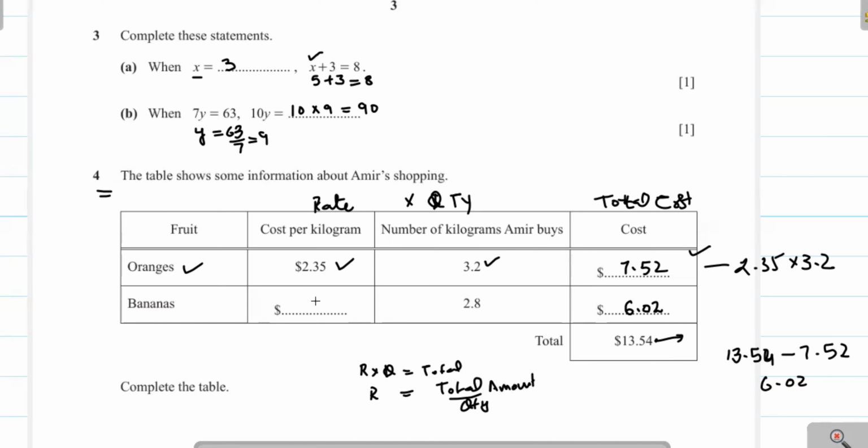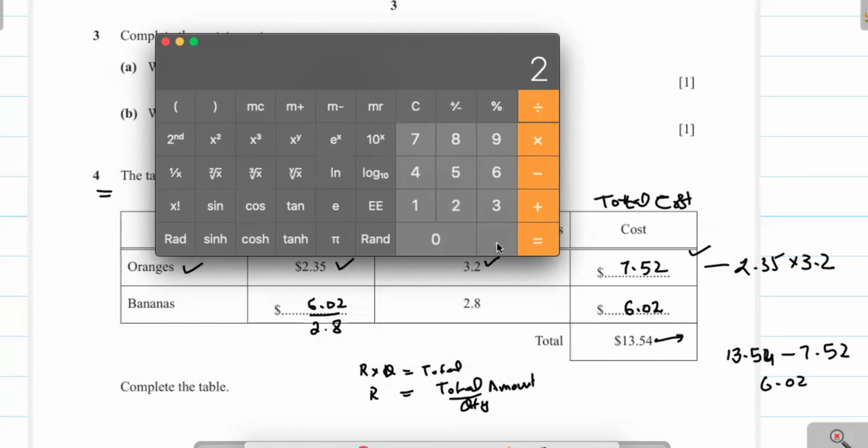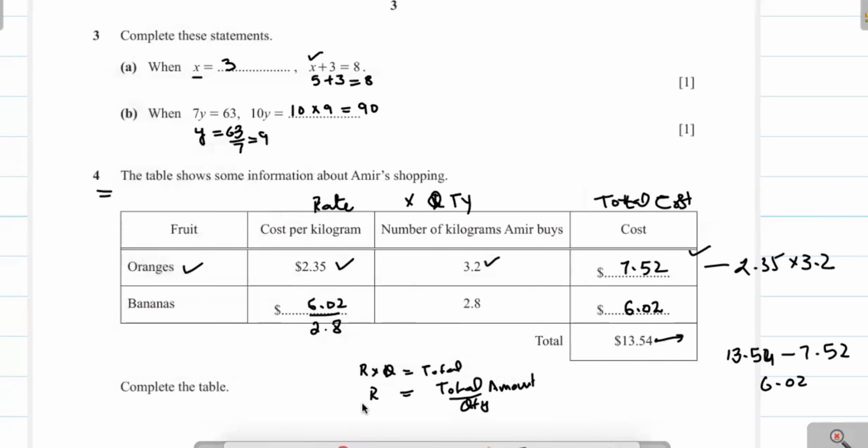You see here, we can find this value: 6.02 divided by 2.8, and this is 2.15. Therefore, the rate of banana is 2.15.